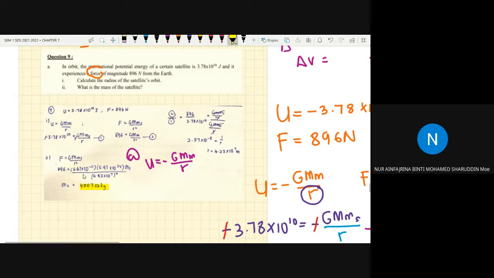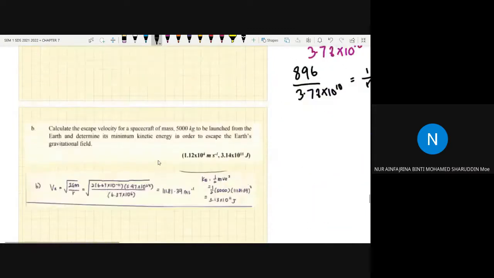Masukkan je lah mass of Earth, gravitational constant, dan kita nak cari mass of satellite. And kita dah tahu distance now and kita tahu force. Sama juga yang ini. Awak masukkan awak punya gravitational potential energy, gravitational constant, mass of Earth and R. Then you will get your mass of satellite. So it's the same thing. It's either one.